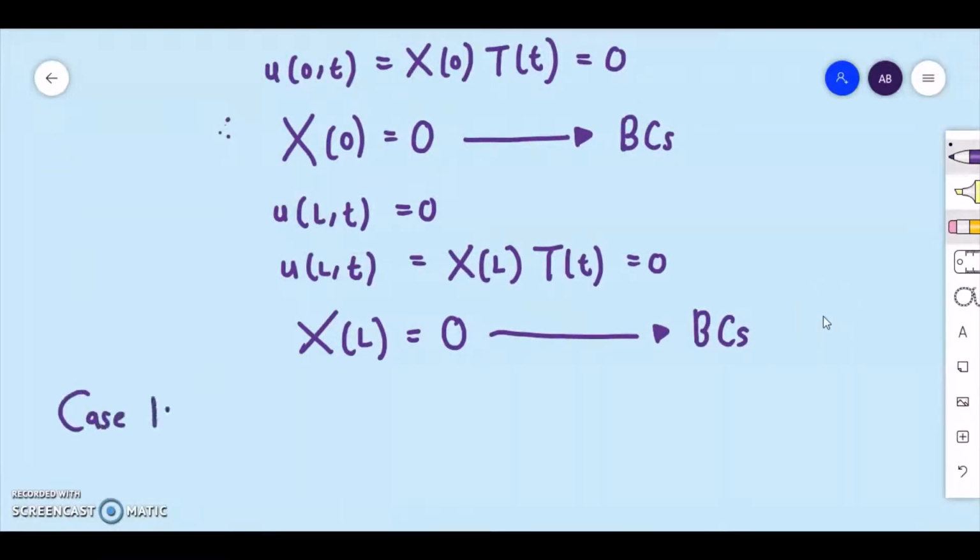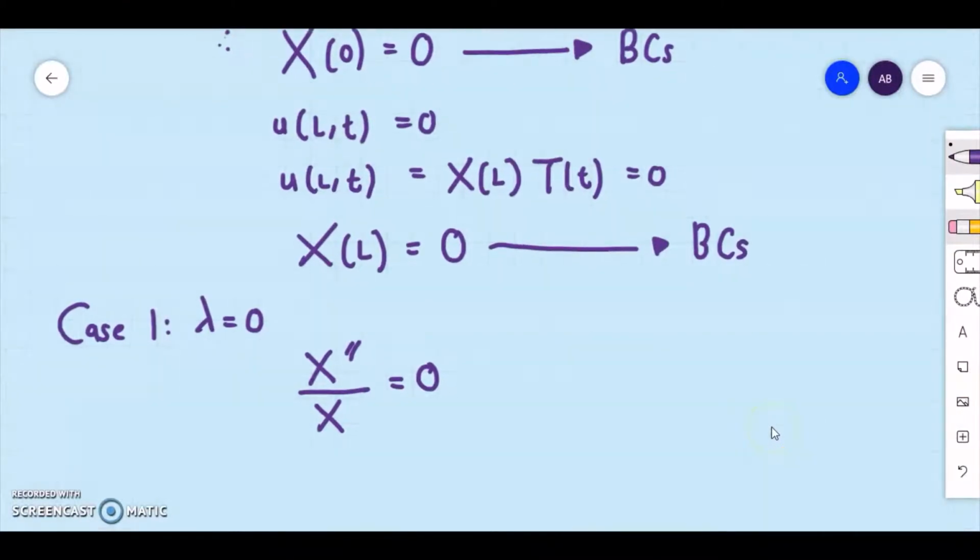Case 1 is when lambda equals 0. So I have the second derivative equals 0, since lambda is 0 right now. This is not that difficult.